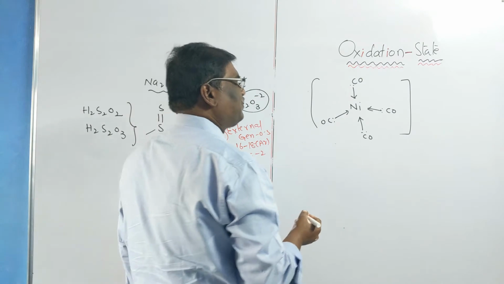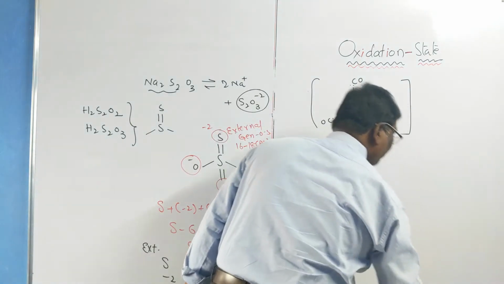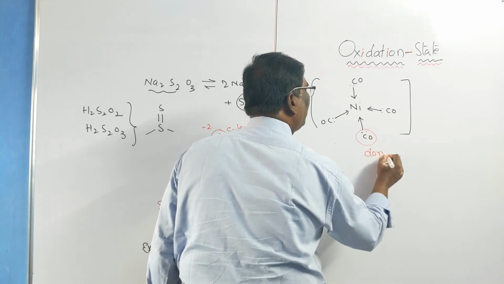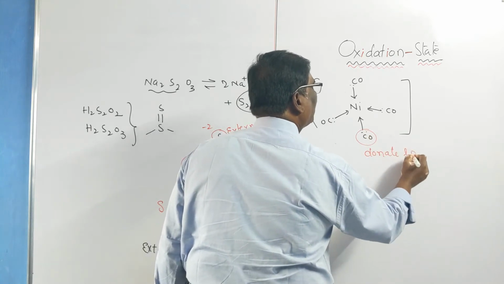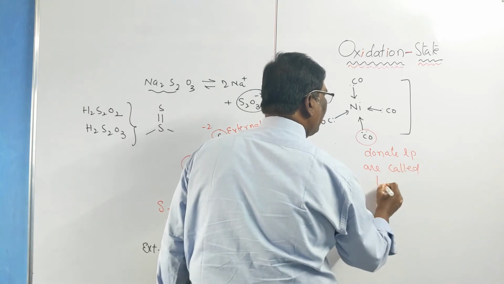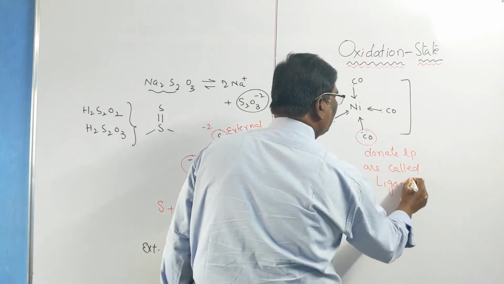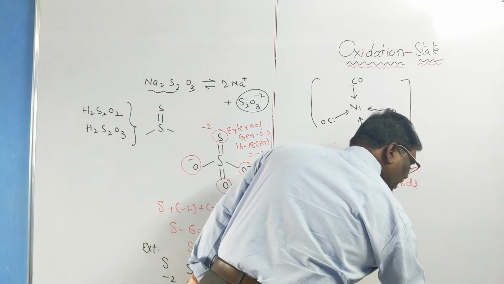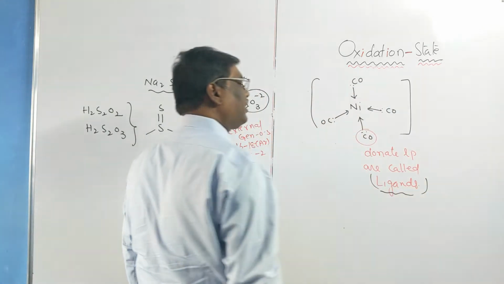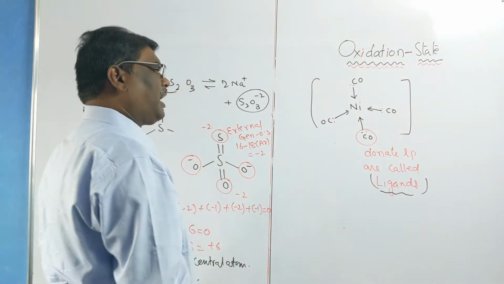In this one, the species which donate lone pairs are called ligands. So ligands may be molecules, sometimes ions, sometimes atoms.